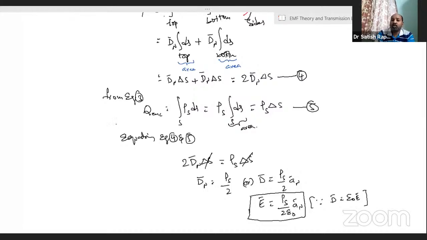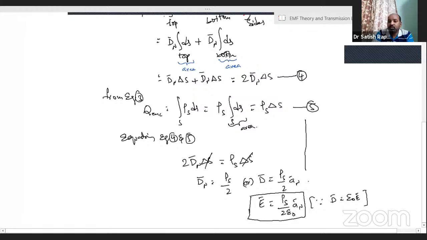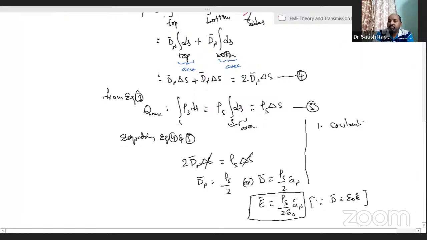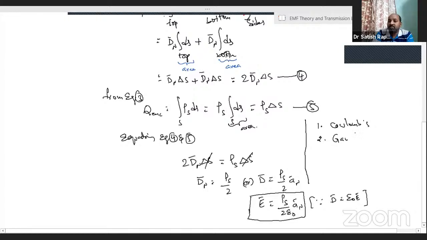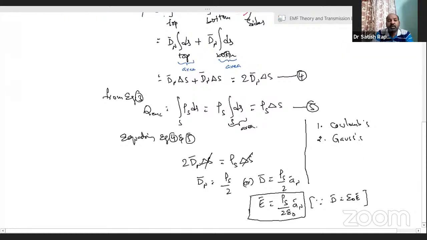Overall, we have discussed two concepts so far: number one, Coulomb's law, and number two, Gauss law.